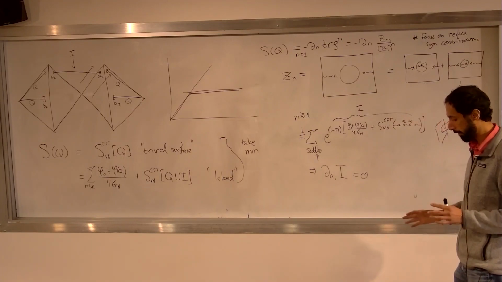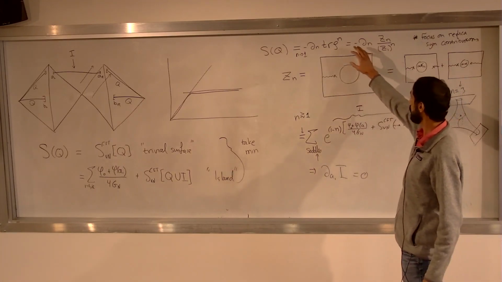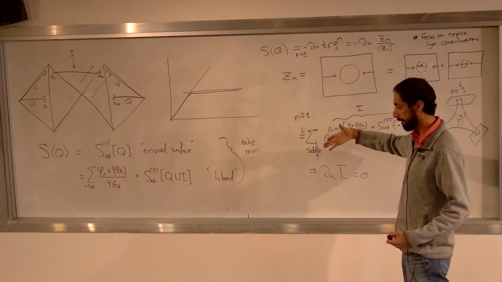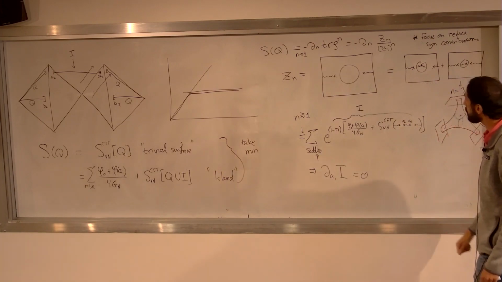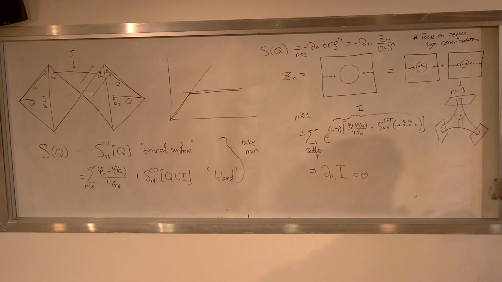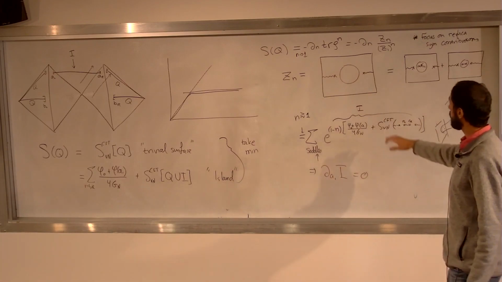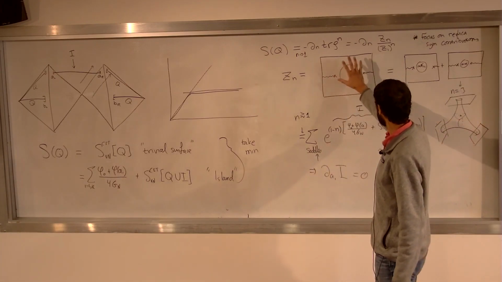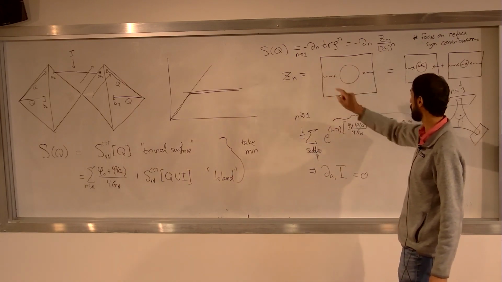A careful way of computing the entropy is by the replica trick, which involves considering n copies of your system, then acting with the derivative of n, and then taking n goes to 1. When you consider n copies of the system, here's the branch cover. There are n copies here branched across this.